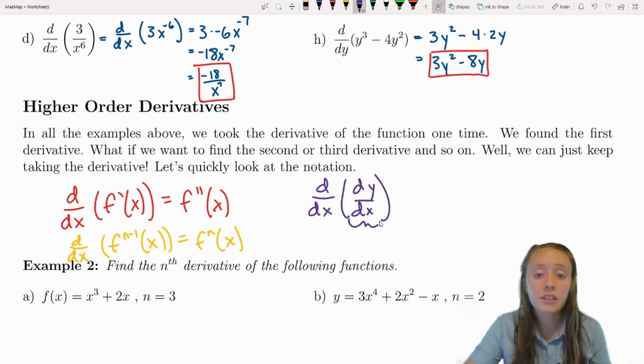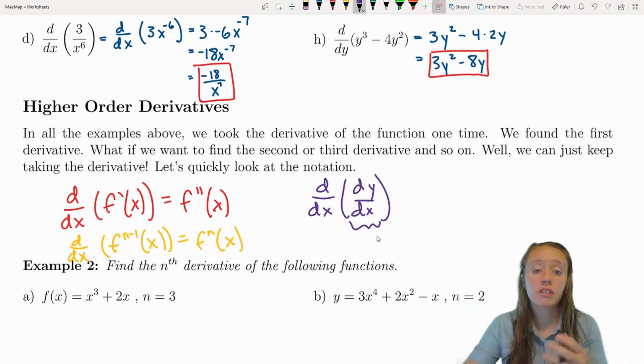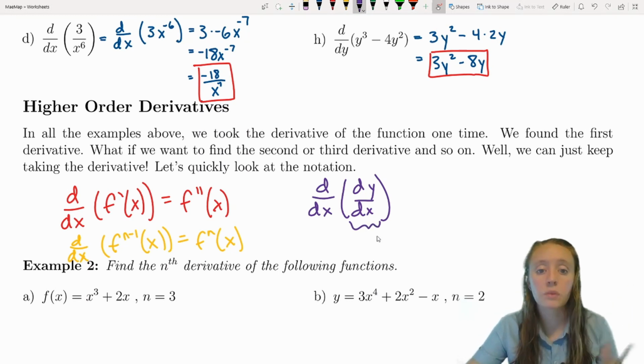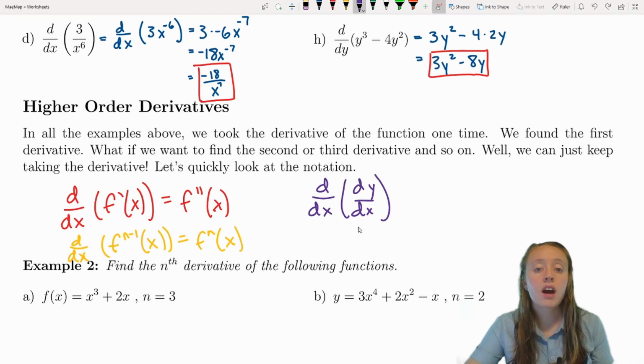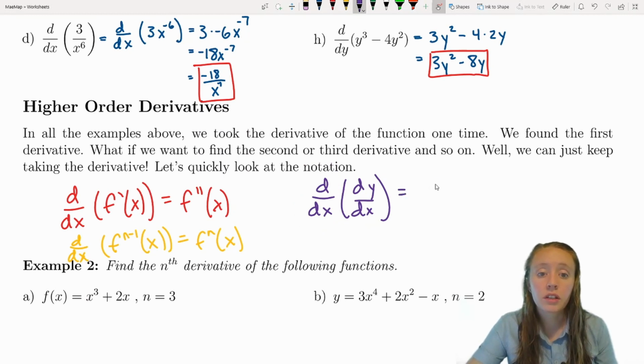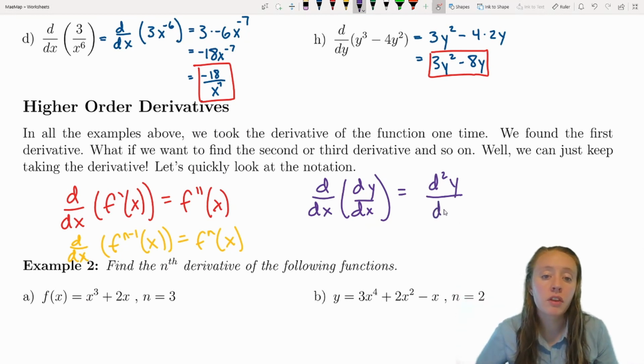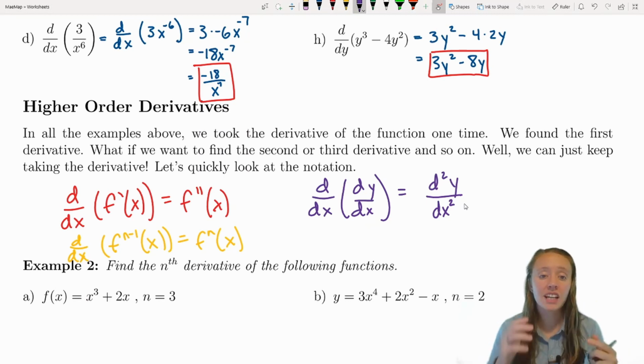Remember dy dx, that was when we took the derivative of our function y equals something. So the derivative of y with respect to x, if we take the derivative again, we're just going to have the second derivative of y all over the derivative with respect to x with that power of 2. So the second derivative of y with respect to x.